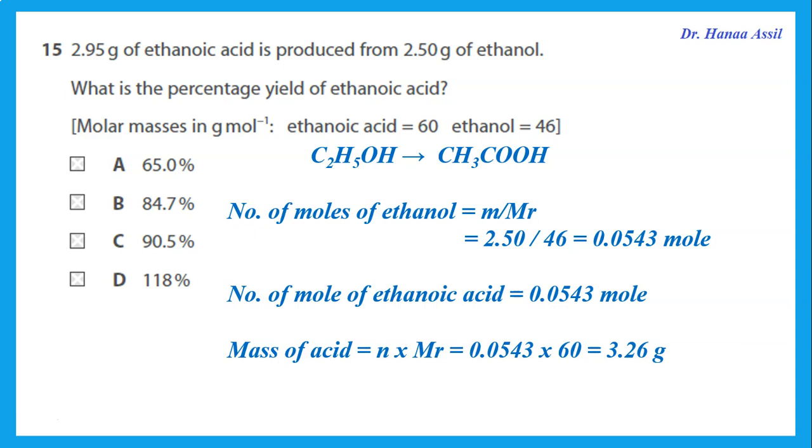Number of moles times the Mr of ethanoic acid says we should get 3.26 grams. Now, how much did they actually get? They got 2.95 grams of ethanoic acid, and that means the percent yield is the actual 2.95 over the theoretical that we calculated, 3.26, times 100, that gives a yield of 90.5%.